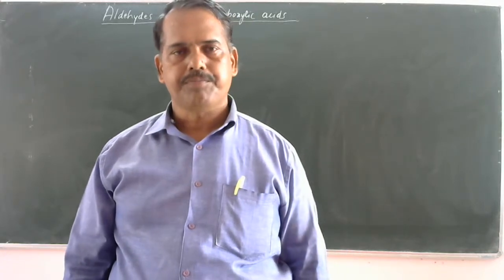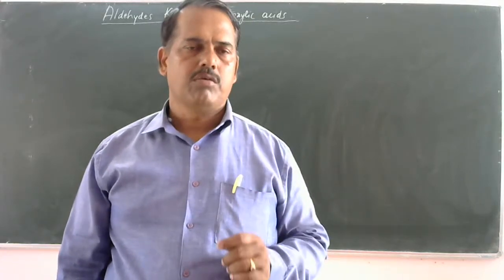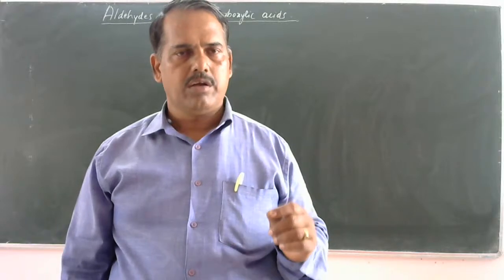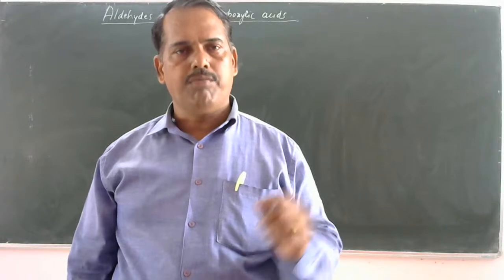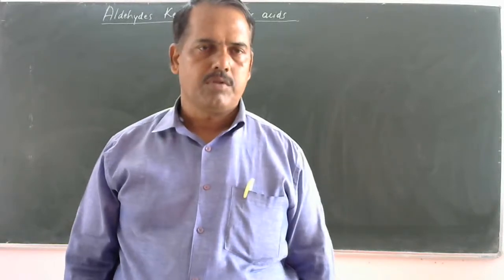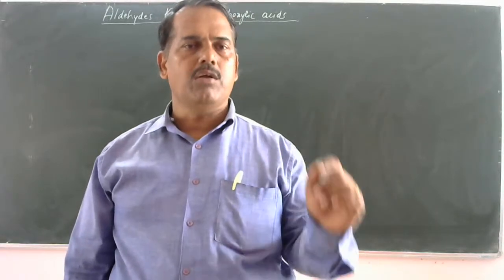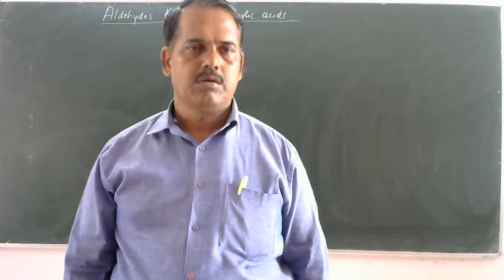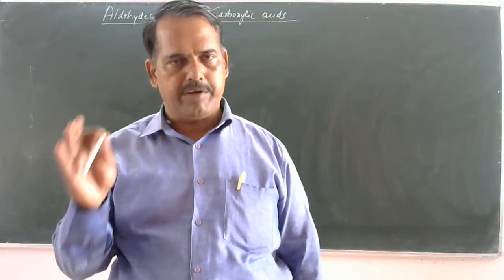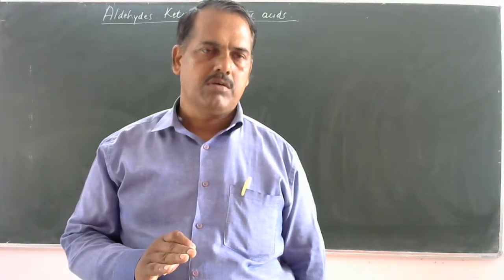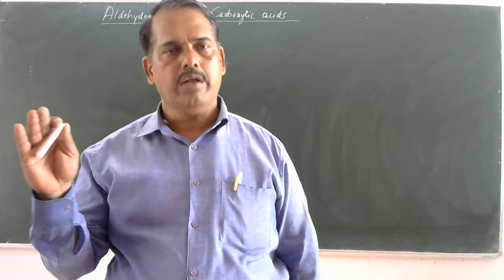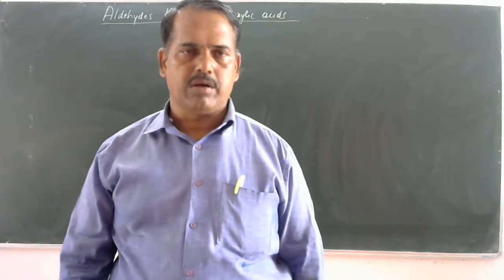Are you clear? Next, we studied the Etard reaction. See, oxidation of toluene by using chromyl chloride forms an intermediate compound, and on acid hydrolysis we will get an aldehyde, that is benzaldehyde.